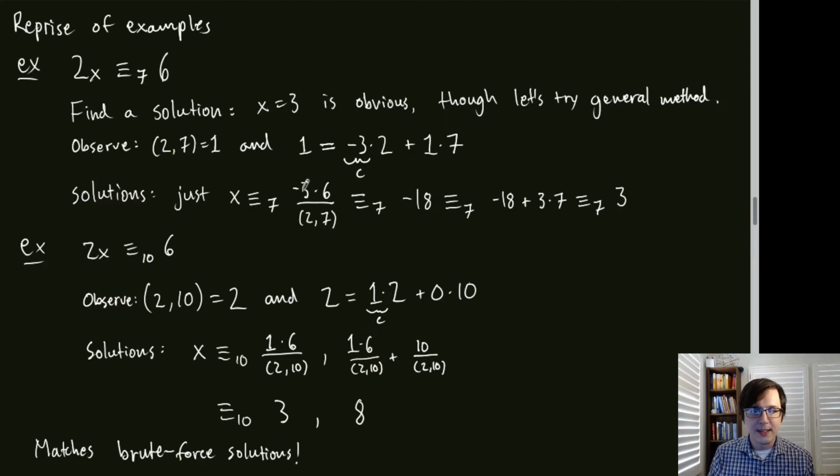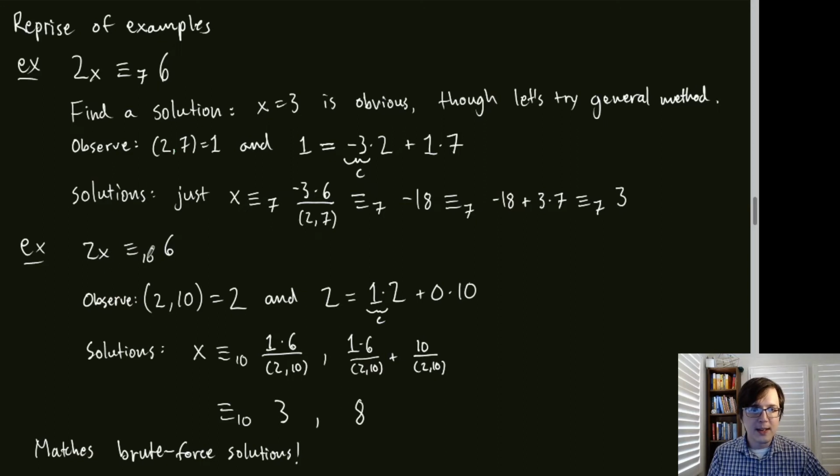And so we take c times b over the GCD, and then that is the particular solution. And we calculate that's minus 18. And then one way to calculate this is I added enough 7s until it was positive enough. So 3 7s, and that's 0 mod 7, so I'm allowed to do that. And 21 minus 18 is 3. So x is congruent to 3 mod 7, which matches the table that we computed. And this is the only solution because the GCD is 1.